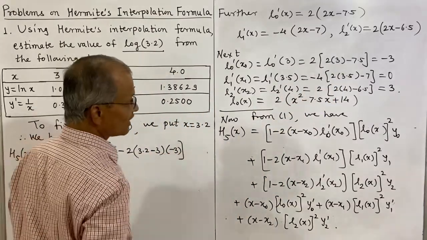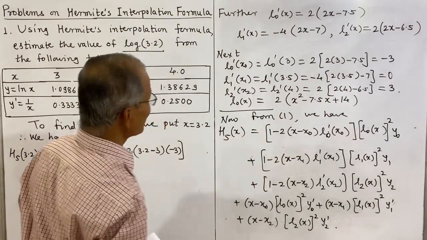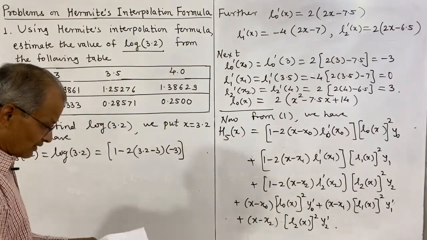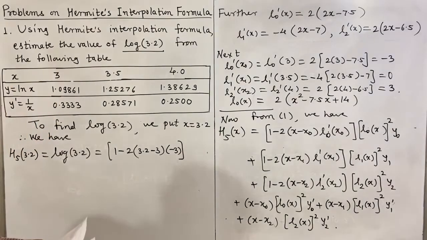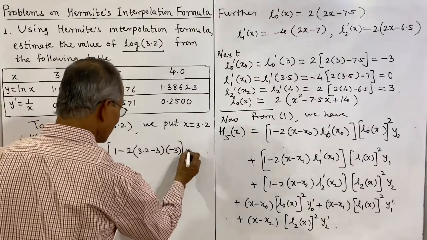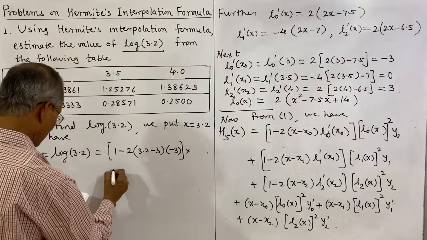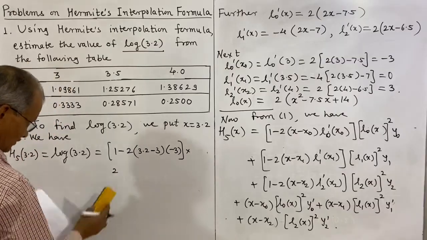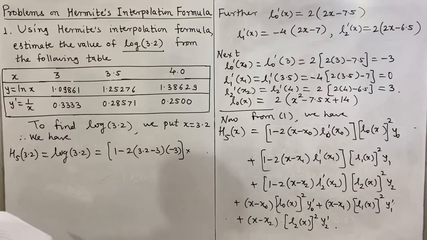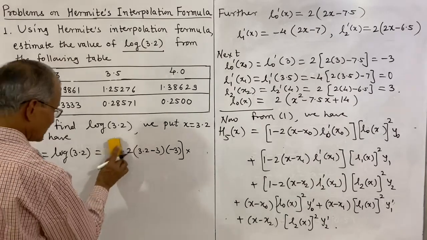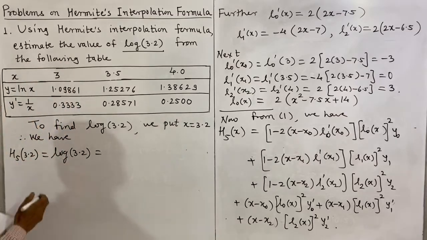And what is L naught(x) whole square? L naught(x) we have written earlier, and L naught(x) whole square will be, that is, 2 into x square minus 7.5 etc. So this is to be multiplied by the square of that, which will be 2 squared, I shall write as 4. So instead of writing here, I will write the term below.